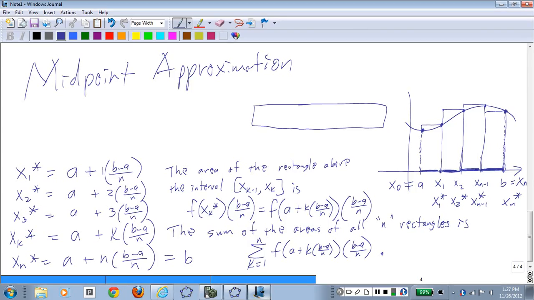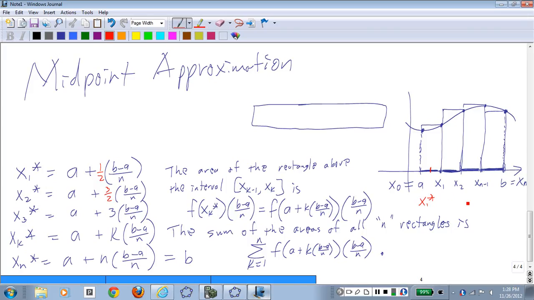X sub 1 star, scratch these I guess. X sub 1 star is going to be right here. So x1 minus a over 2, I want to say. So this would be a plus half of that. This would be a plus 1.5 of them.